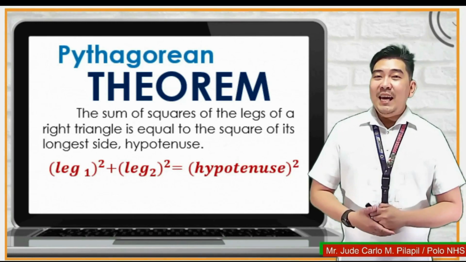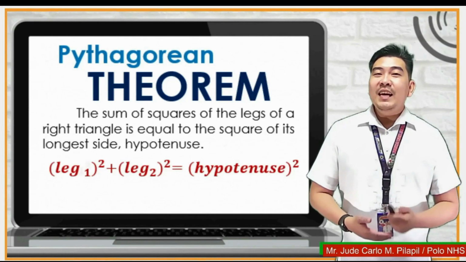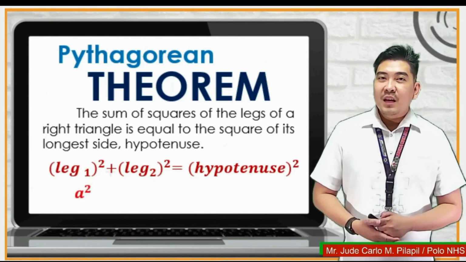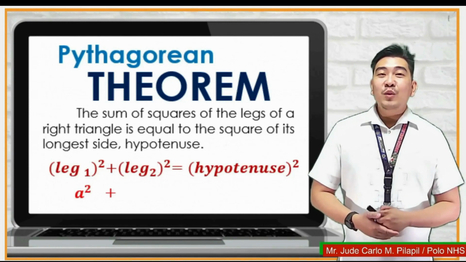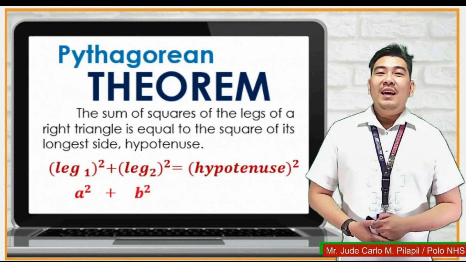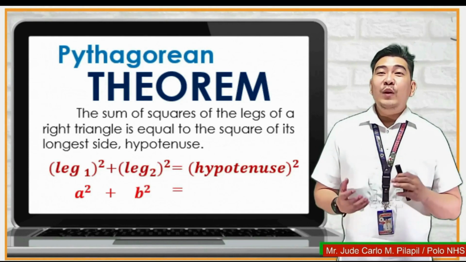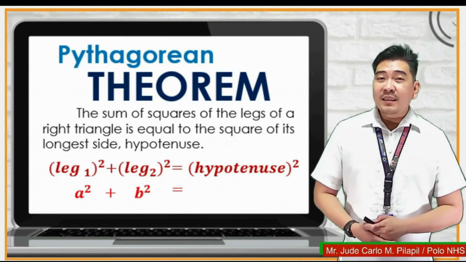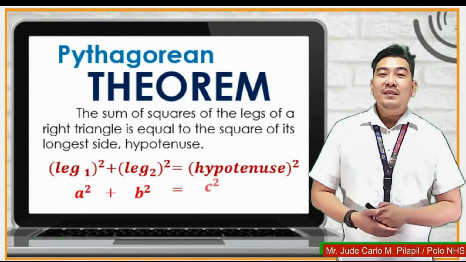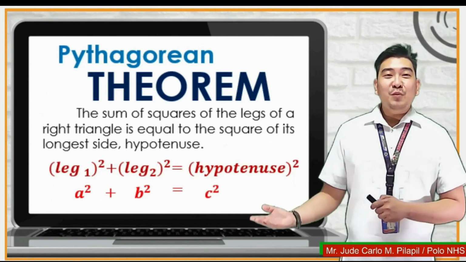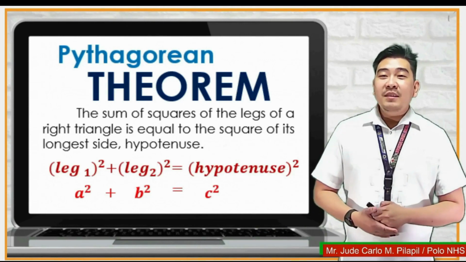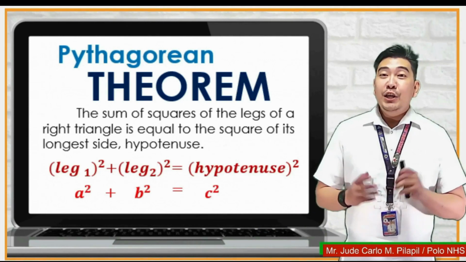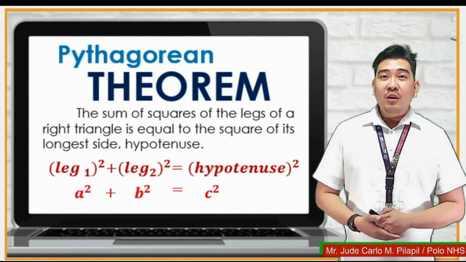If we let a be the first leg, then it will be a squared plus, if b is the second leg, b squared is equal to, if we let c be the hypotenuse, then it will be c squared. a squared plus b squared is equal to c squared is the common notation used for the Pythagorean theorem.